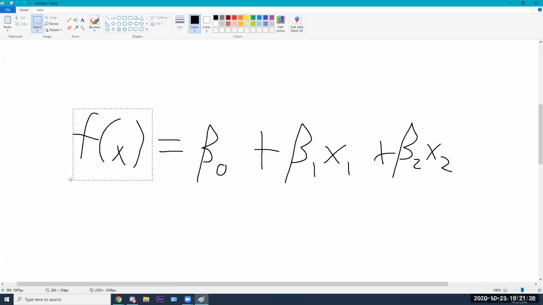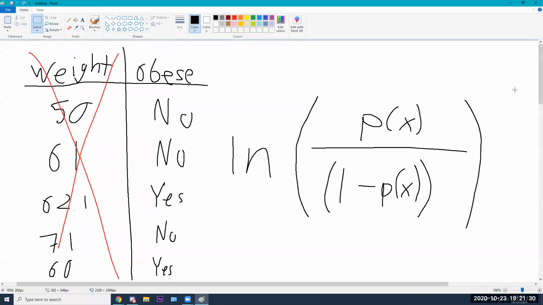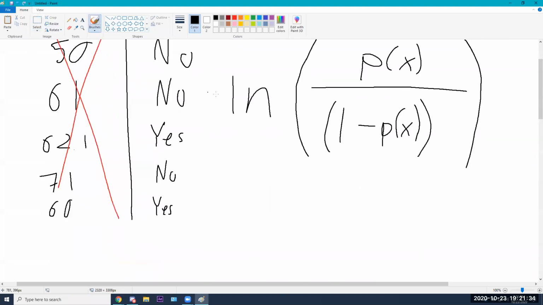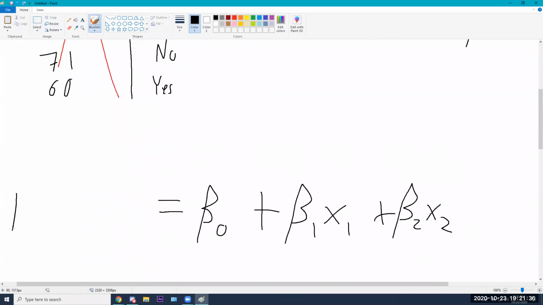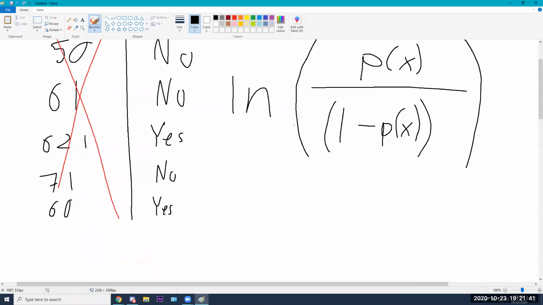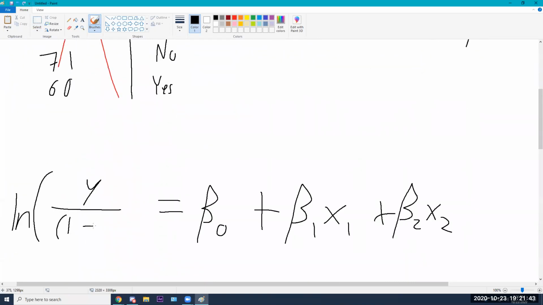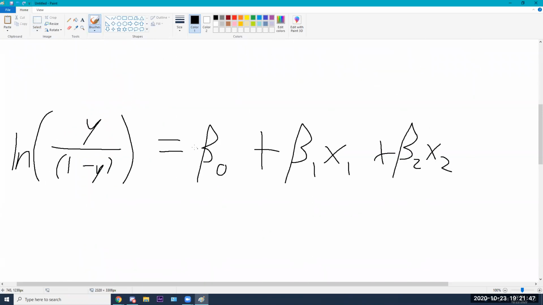So instead of just y here, like we would for normal linear regression, we can plug this in. We can have ln of y over 1 minus y, where y is our probability.